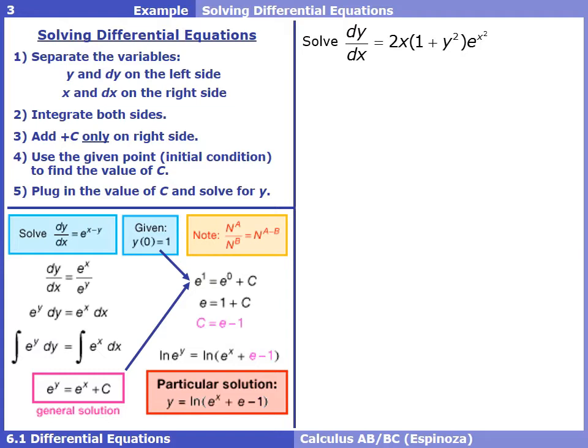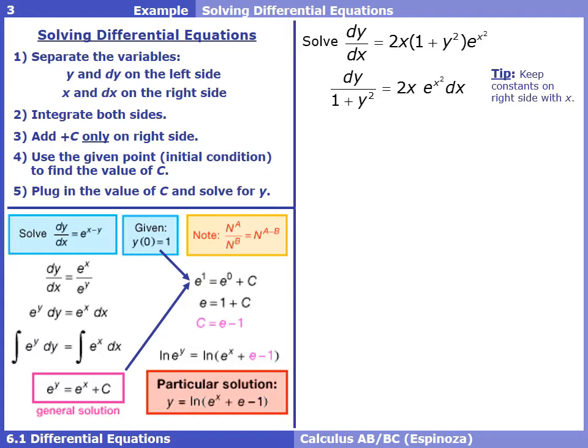But before we get to those details, we gotta first separate. You'll notice that 1 plus y squared can all be divided to the other side, and we can keep the x's on the right. The x times e to the x squared can definitely be kept on the right side, and we can move the dx also to the right side. One really important tip, I think, to keep in mind is if you have a constant, keep it on the right side with x.